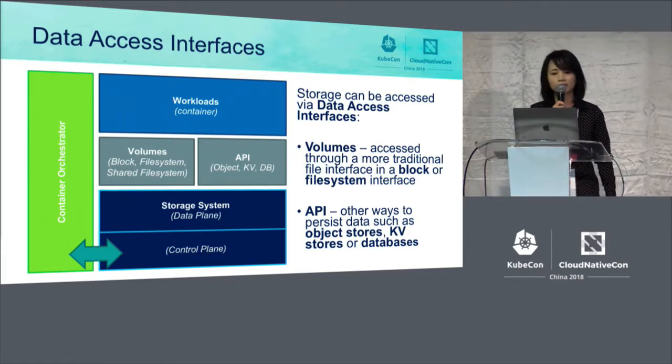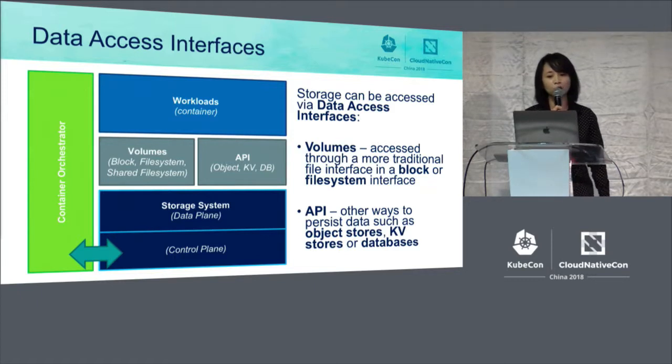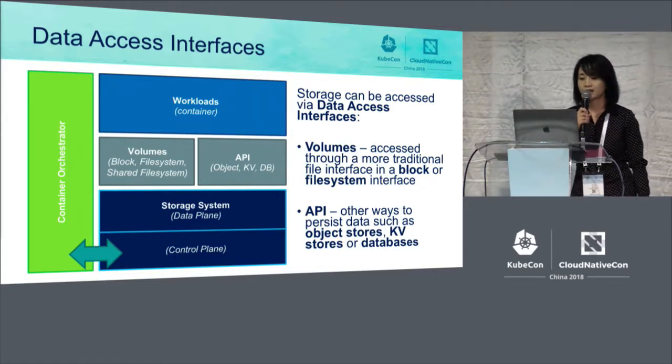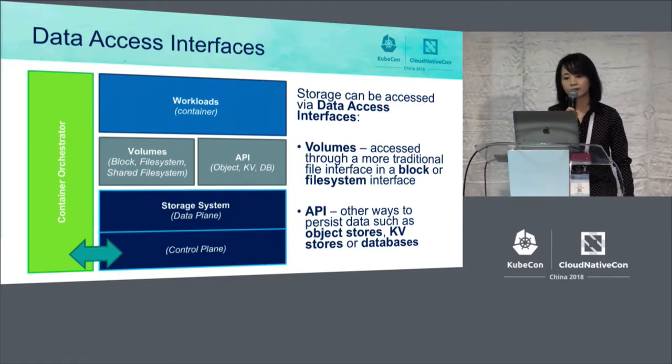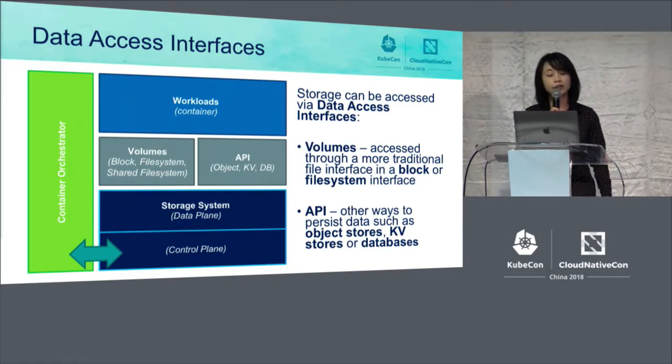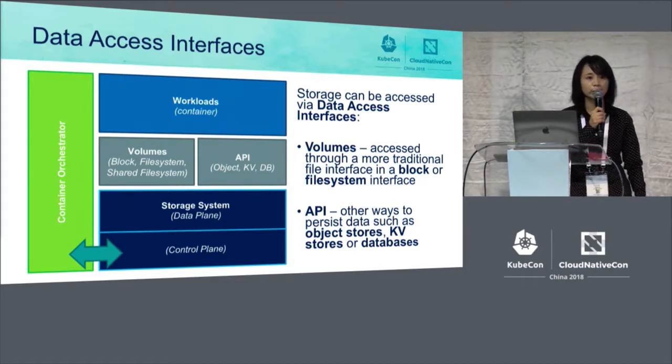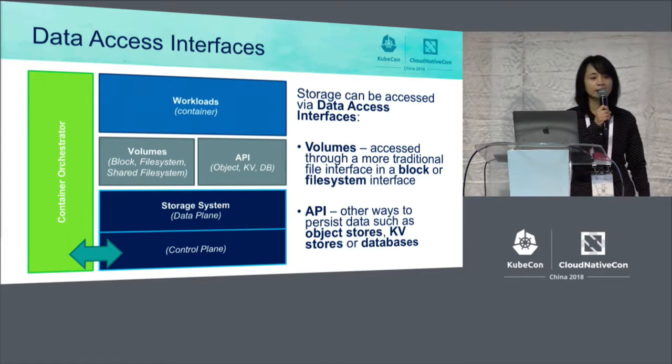And for application APIs, that includes object stores, key value stores, and databases. So object stores use an API to store and retrieve an object or blob. And that usually is an HTTP interface.